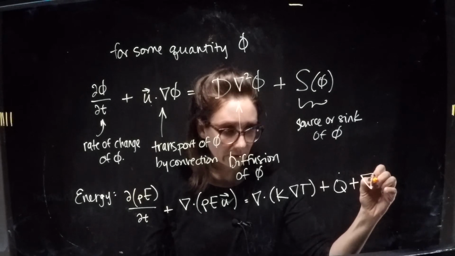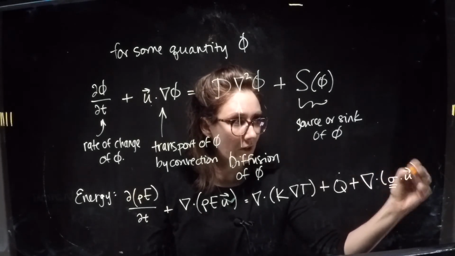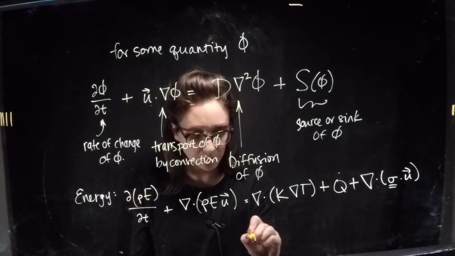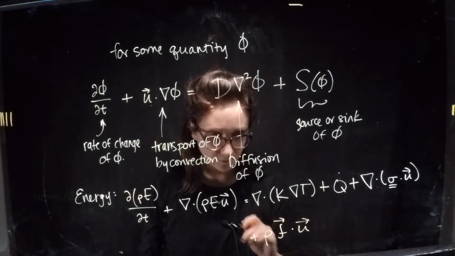So that's going to look like the divergence of our stress dotted with the velocity. And then plus density times any body forces dotted with the velocity.